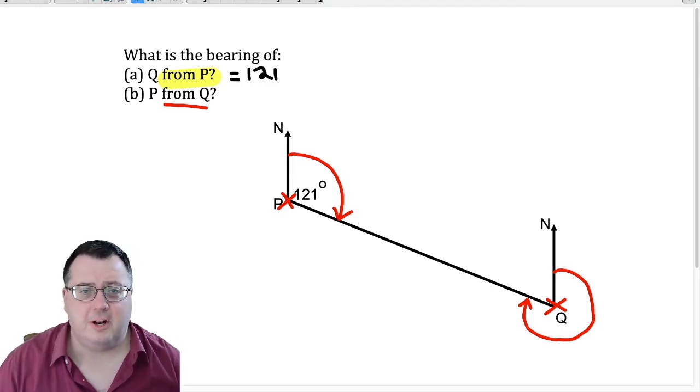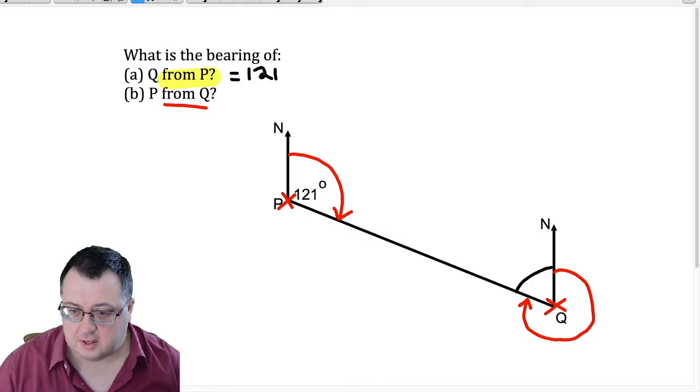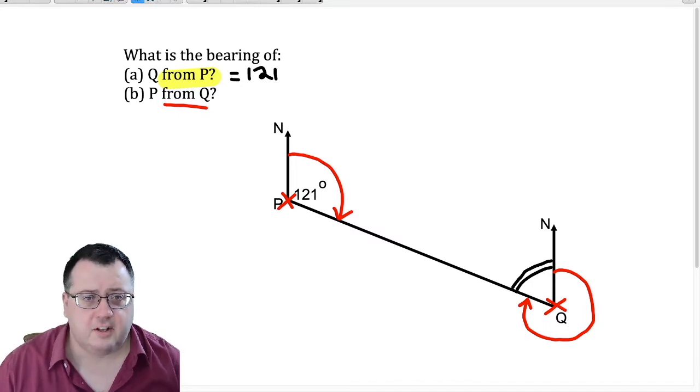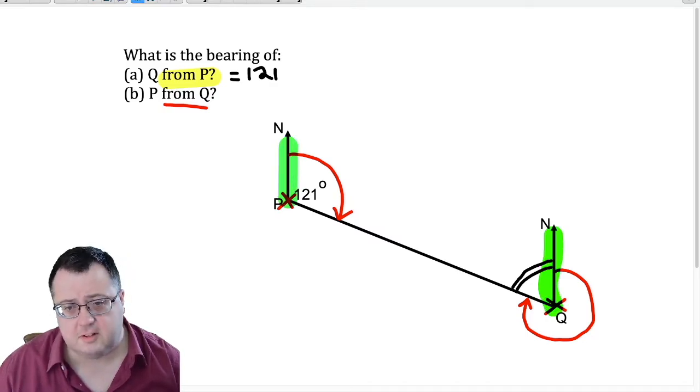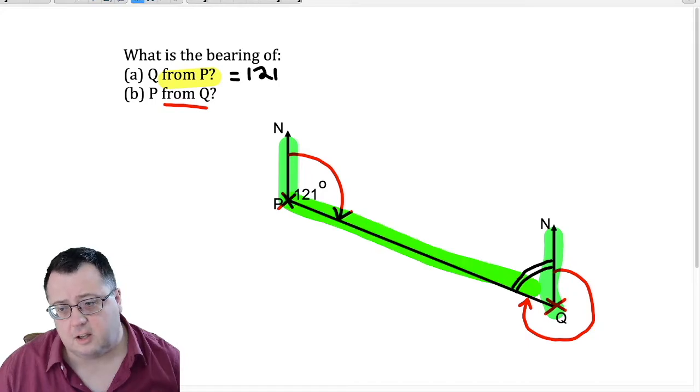So what we really need to help us with that is to find out what this angle is here. Now if I get my highlighter pen again, I'm going to draw in two parallel lines, which are the north lines, and an intersecting line between.